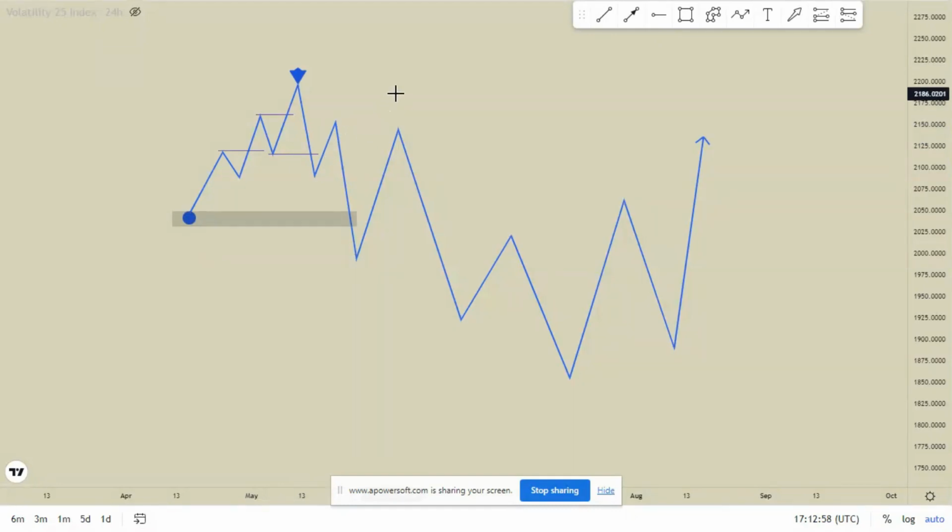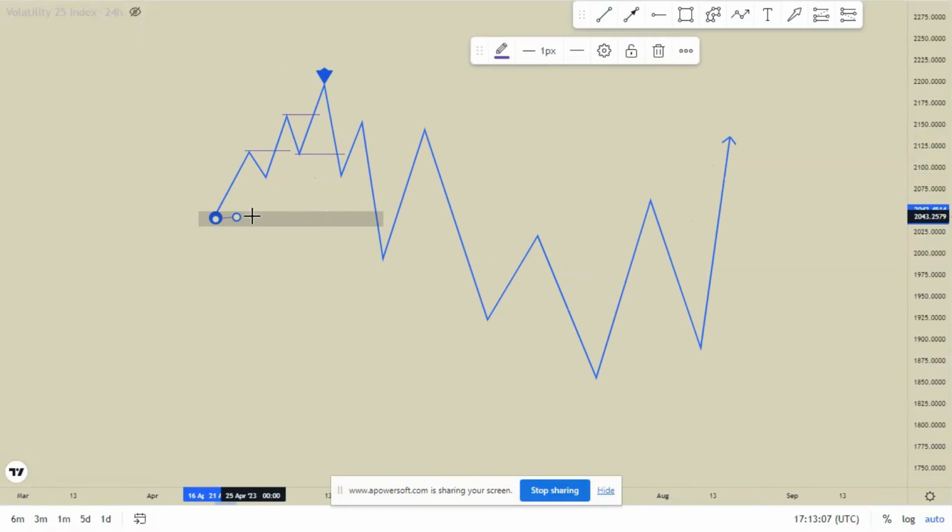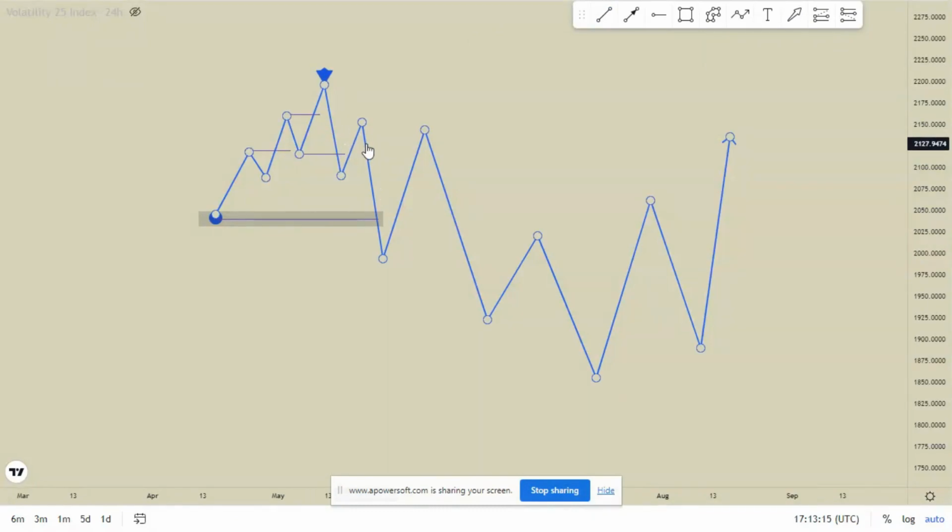So when a swing structure is broken here, which is a break of market structure, these internal structures act as our order blocks or our POIs.